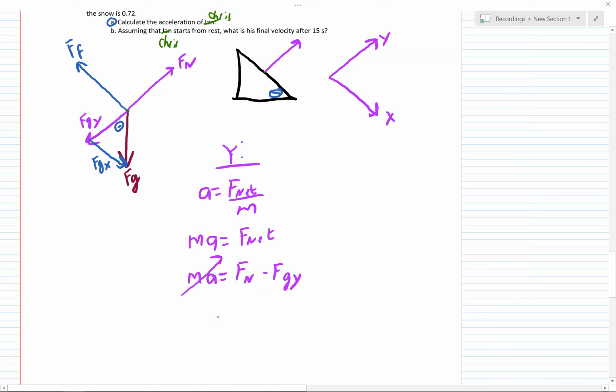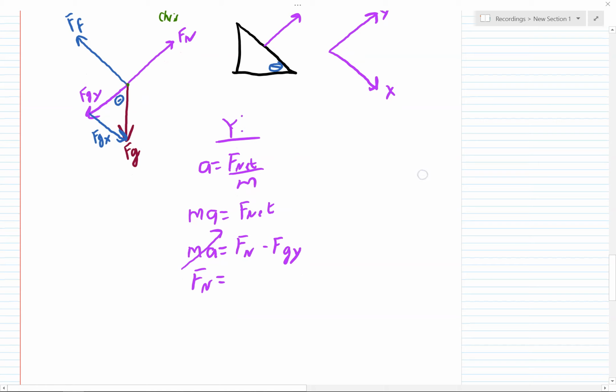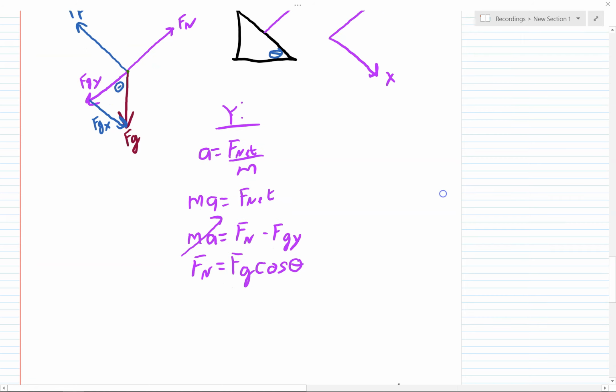That gives us Fn equals Fgy, which turns into F sub g times cosine of theta. Again, that's because the vertical component is adjacent to theta. We can break down F sub g into m times g, which leaves us with the normal force equal to mg cosine theta.